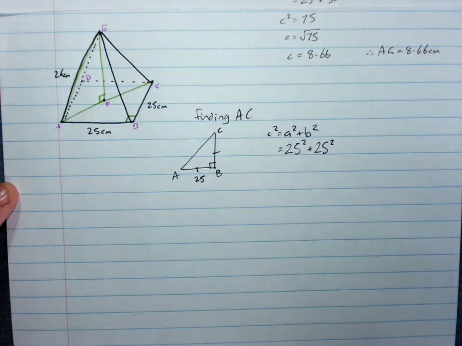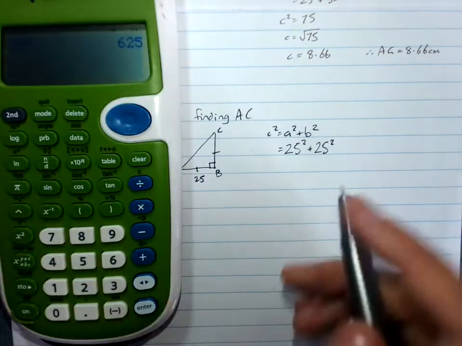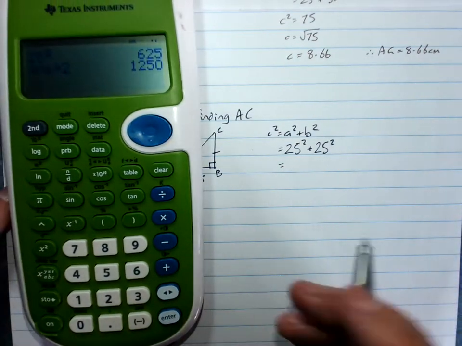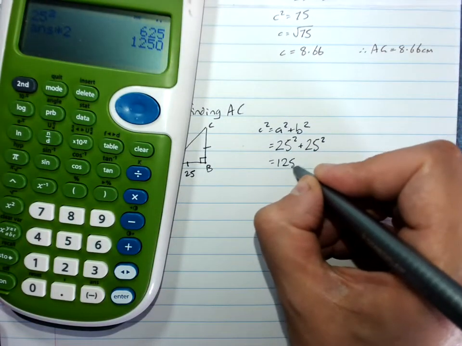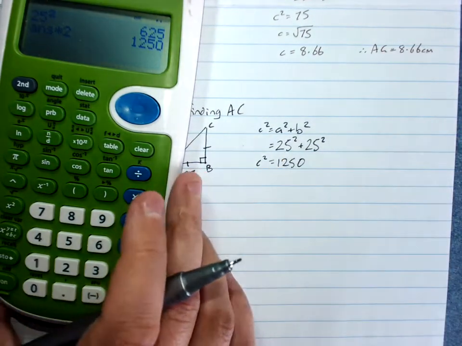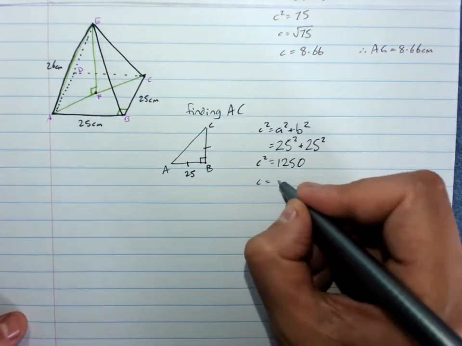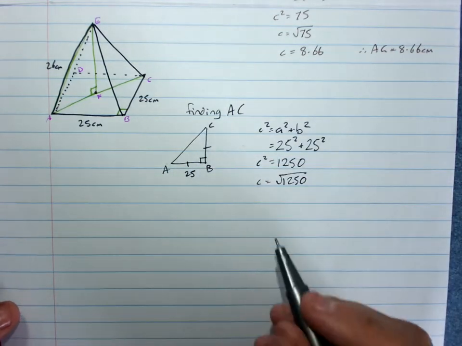So I've got two lots of 25 squared. So just multiply that by 2 there because there's two of them. C squared is 1250. So remembering, of course, you can leave C as the square root of 1250, and that will be side AC.